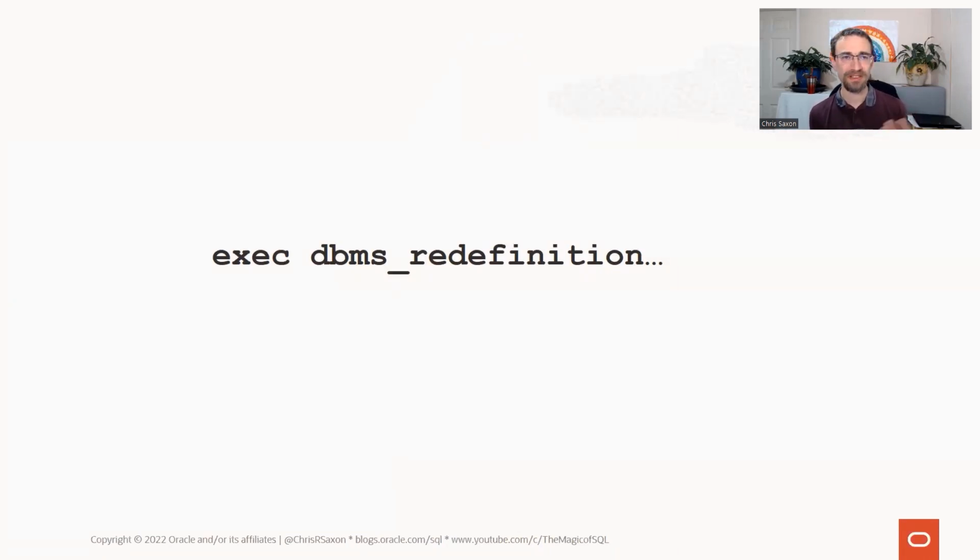And over the years, this has improved. We've added procedures to do things like copy the indexes, constraints, triggers, and so on, and overall simplify this process. But it still was a bit of a faff. There was still a whole bunch of things that you needed to do here and make sure it all fit together and worked appropriately.